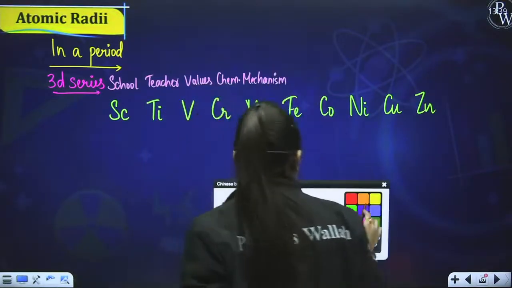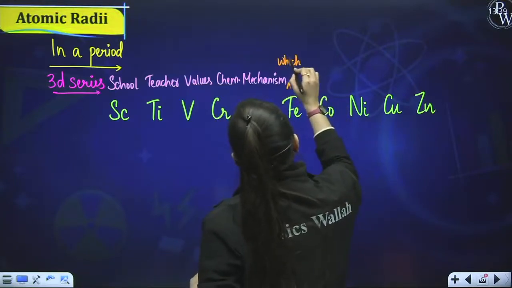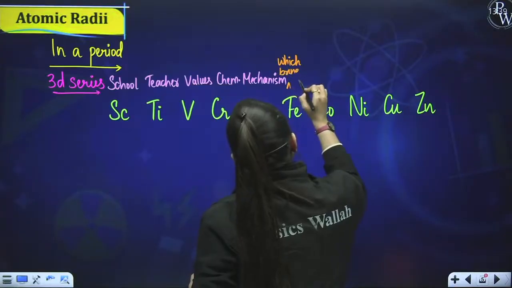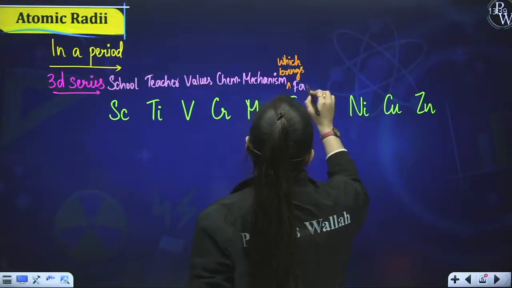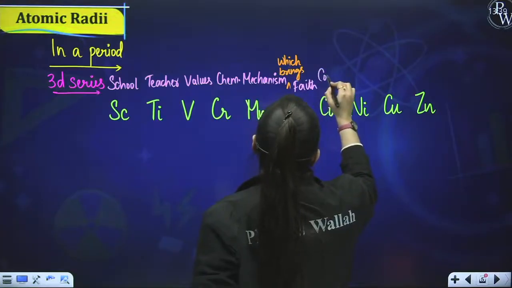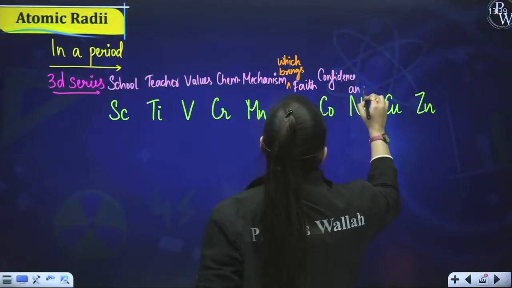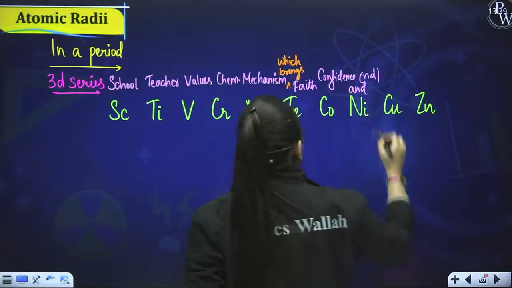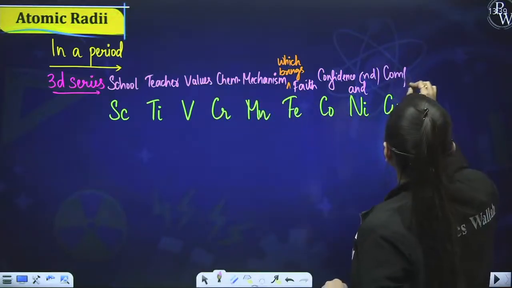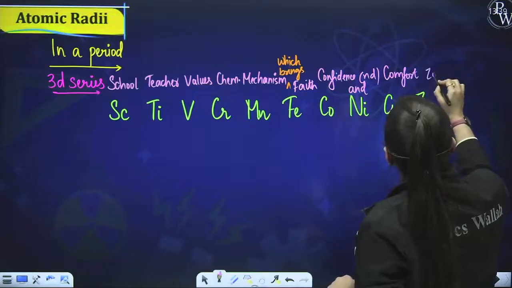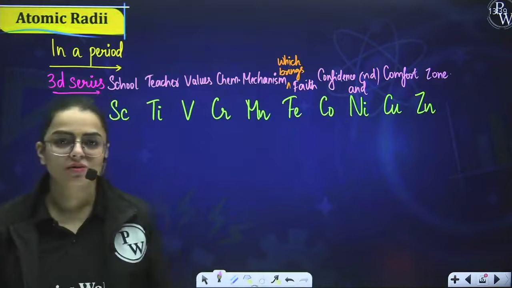Now I have added two major words over here which are not included for elements, that is which brings faith, confidence and refers to as ND over here. Okay, I'm taking and. Okay, and comfort zone. So this was my short trick which I have given you in the previous lecture.